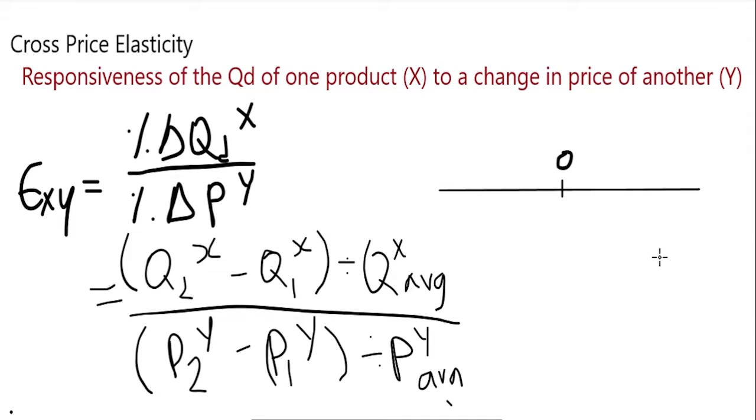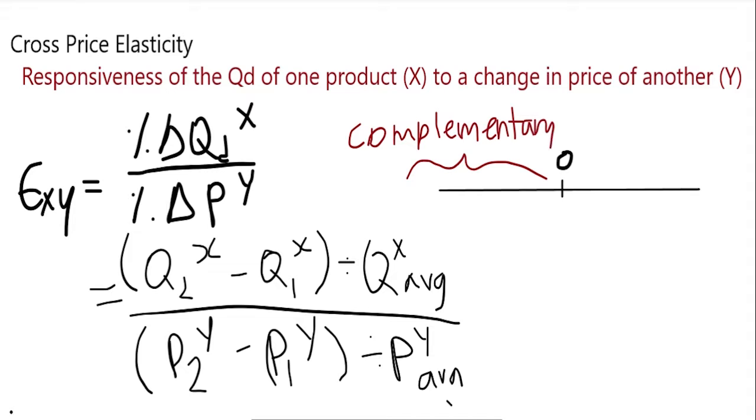So let's say we have a value that is less than 0. If it's less than 0, then it is going to be a complementary good. We know that as the price of another good increases, so let's say we're looking at good Y, so as the price of good Y increases, the quantity demanded of good X is going to decrease if they are complementary goods.